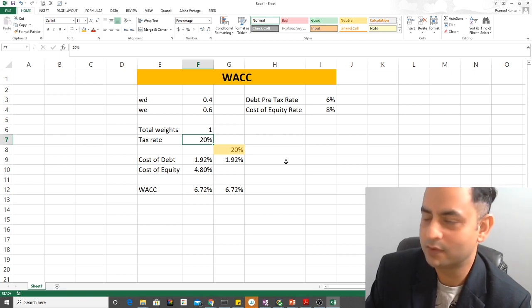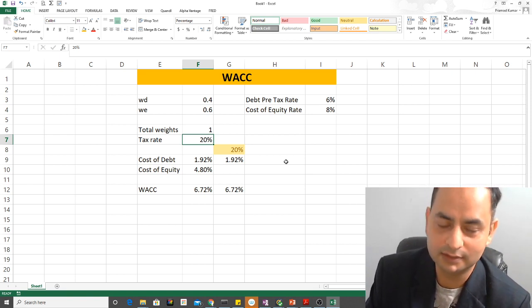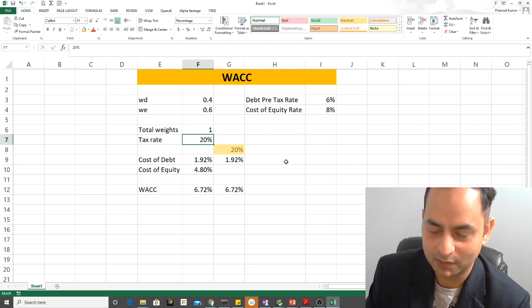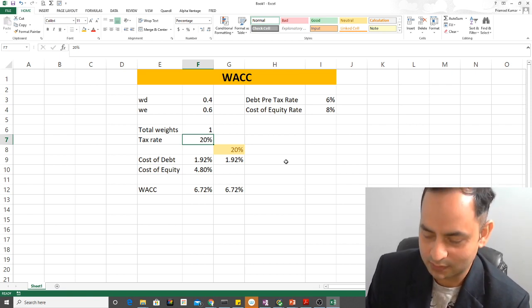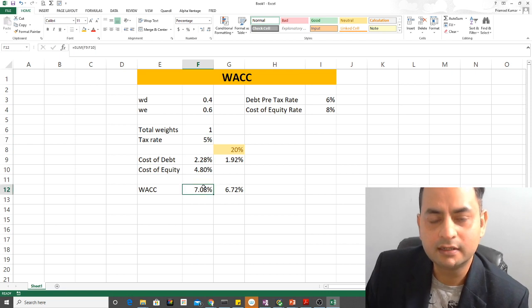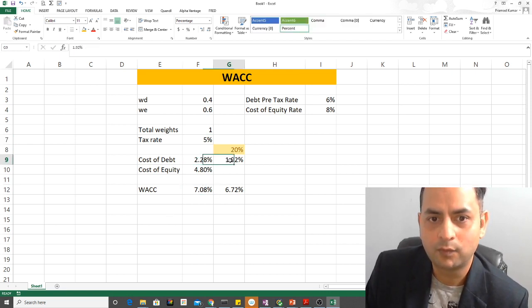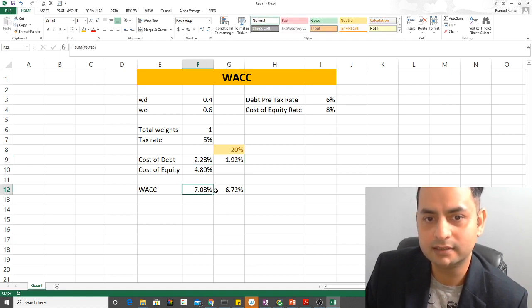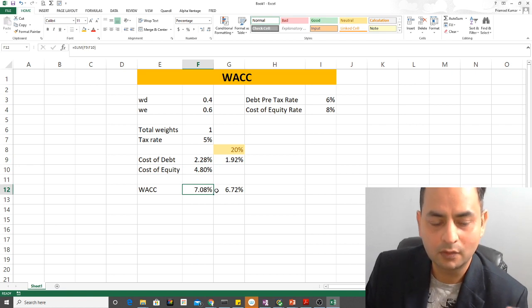If you want, you can pause this video for a minute, but I'll go ahead. I'll change this to 5%. You notice here, the lower the tax rate, it increases our cost of debt from 1.92% to 2.28%, and increases our weighted average cost.